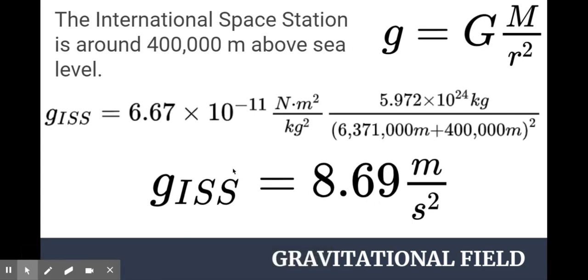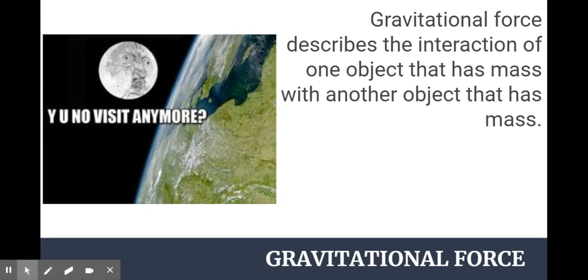All right? Okay. Now, the force of gravity describes the interaction that one mass has with another object that has mass. To be more specific, it describes the interaction between the mass of an object with the gravitational field of the mass of another object.